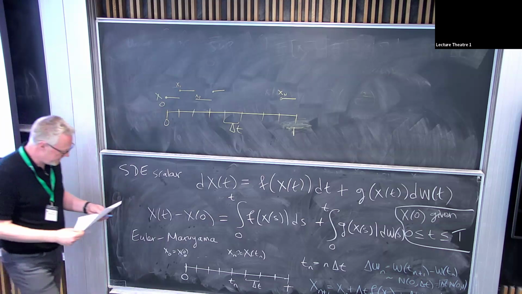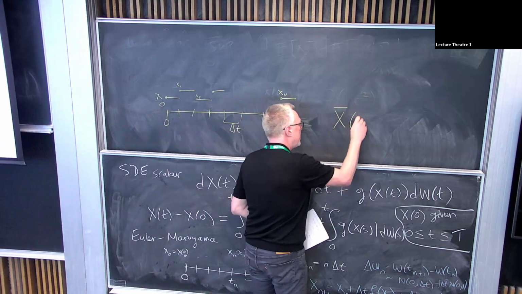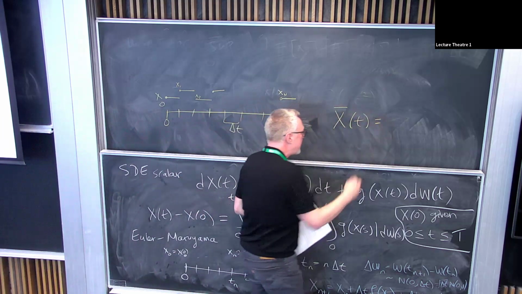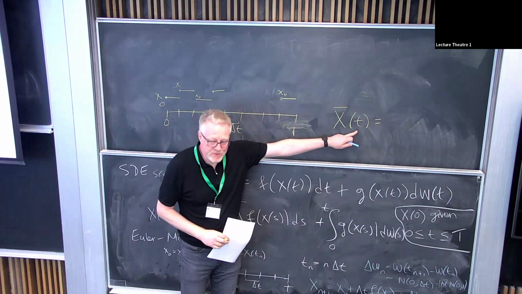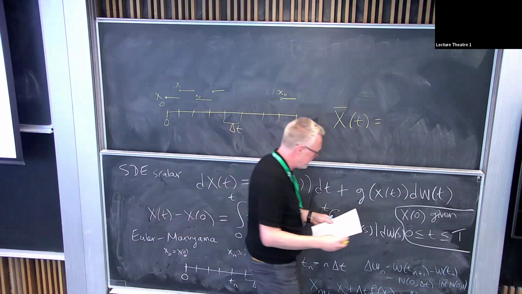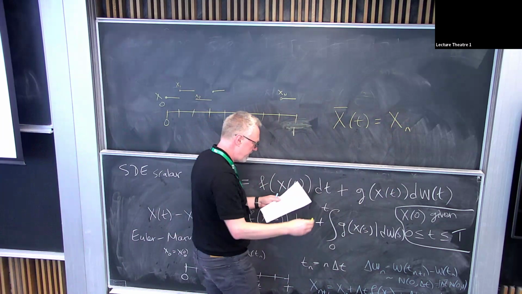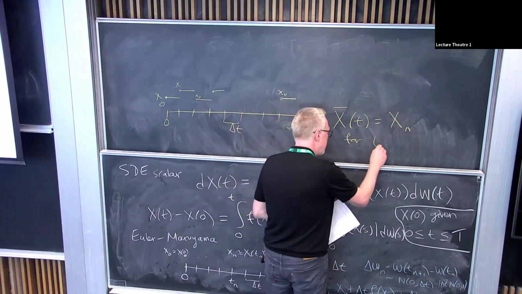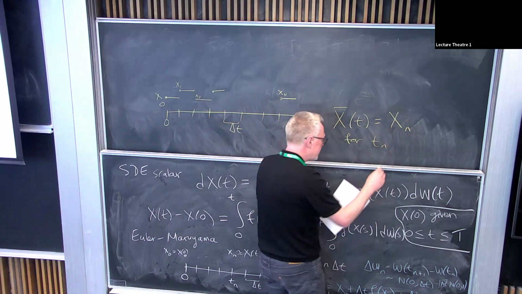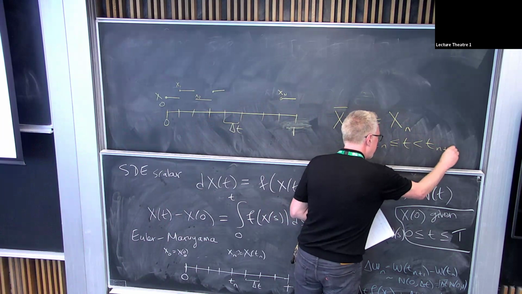That's what we're calling x with a bar. So this allows us to build something that's continuous time, but represents our numerical solution. So over every time interval, we just stay with the same random variable. So we define that.